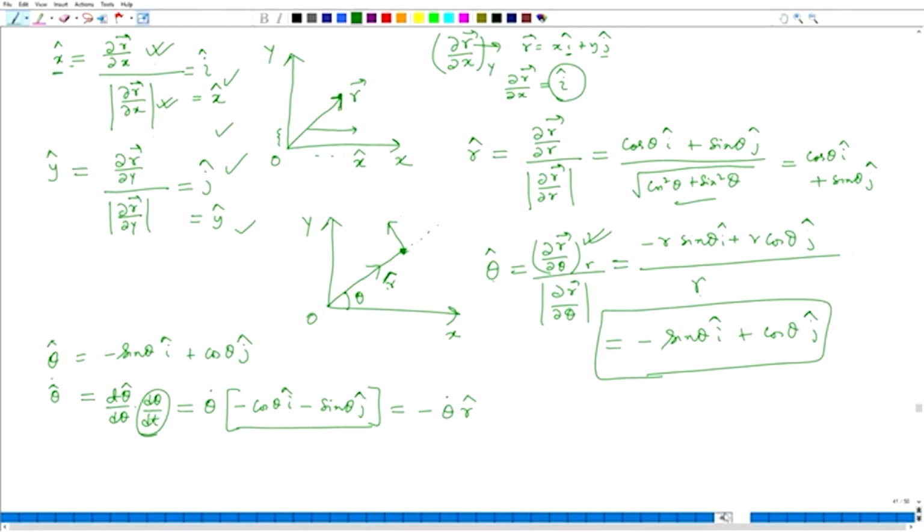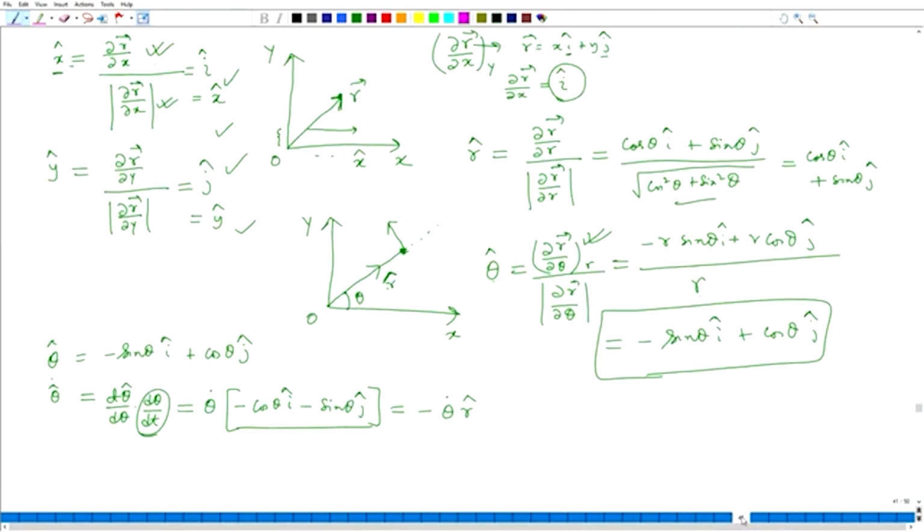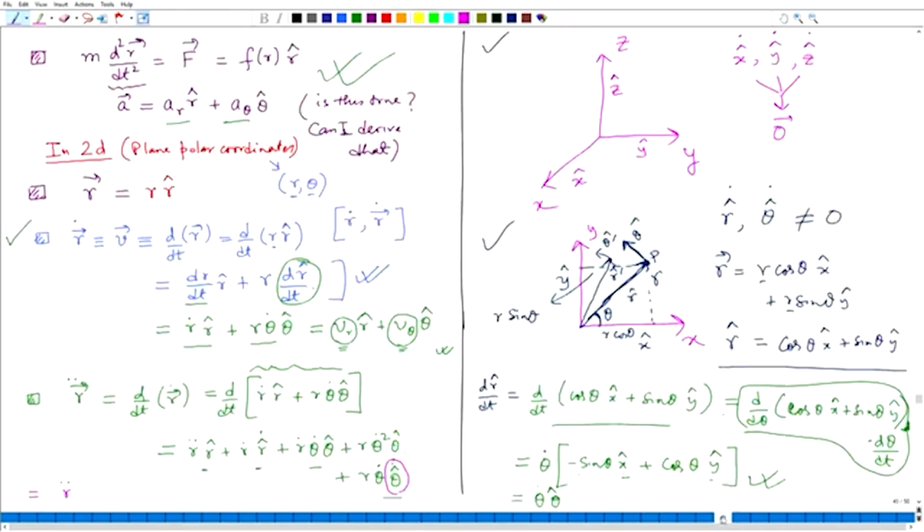Okay. So, I am going to the previous expression and writing things in a condensed way. Here theta cap dot is given by minus theta dot r cap.